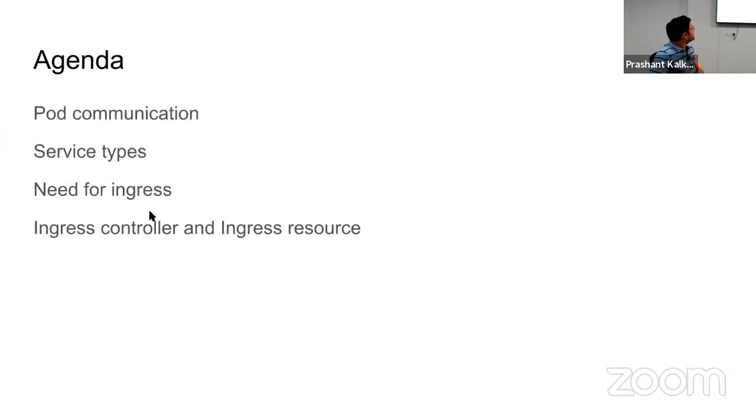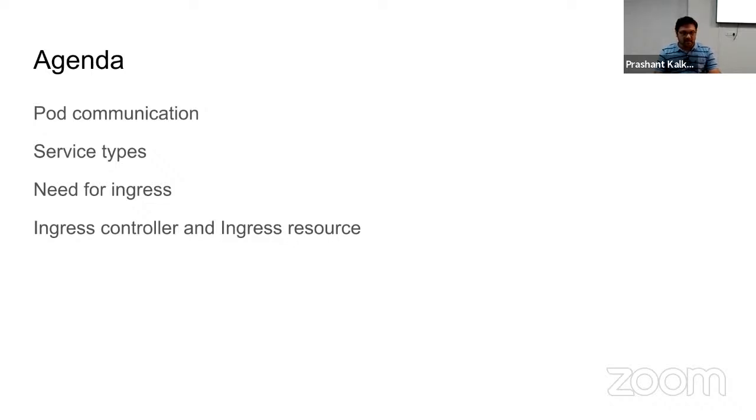So this is the general agenda that I'm going to go with. First, pod communication. This is very basic: you have multiple pods, how do I make sure that they communicate with each other? We kind of know that they can communicate, but how does that really work, and if I need to do it, how do I do it?